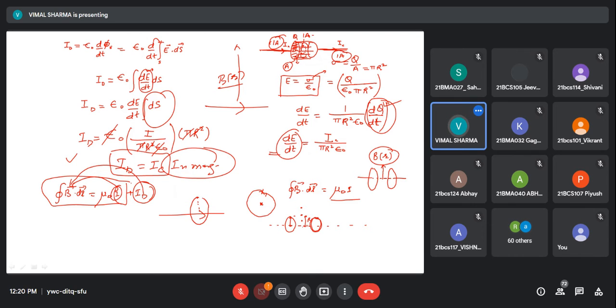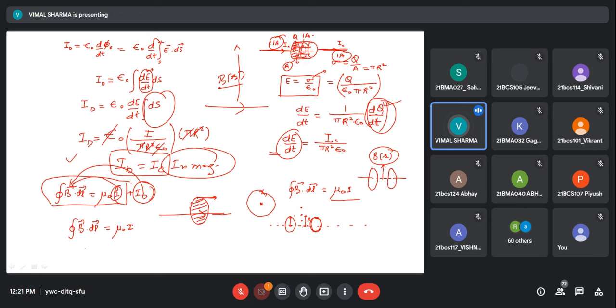I draw Ampere's loop and apply Ampere's law: the closed line integral of B dot dl is equal to mu naught times the current threading through this loop. I have attached a plane surface to the loop, and this surface is penetrated by this current, so it is mu naught times I.